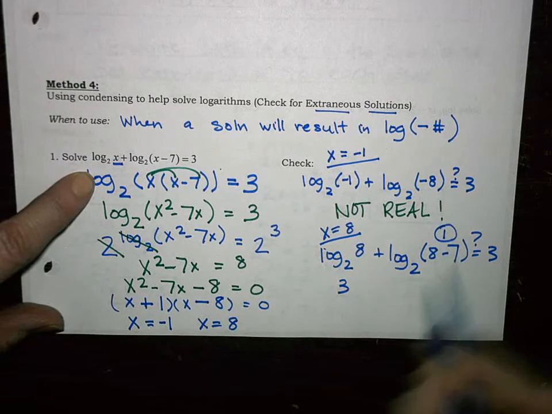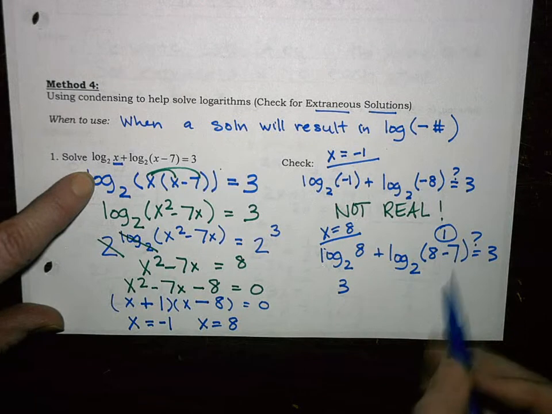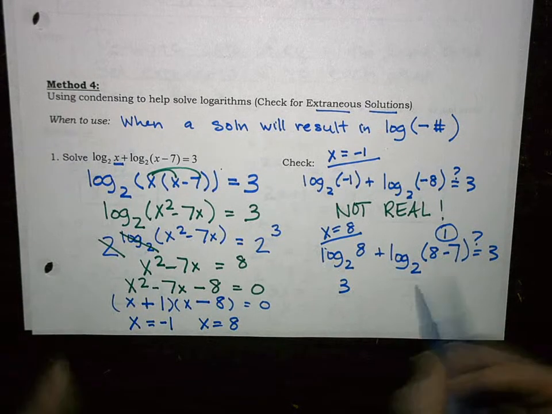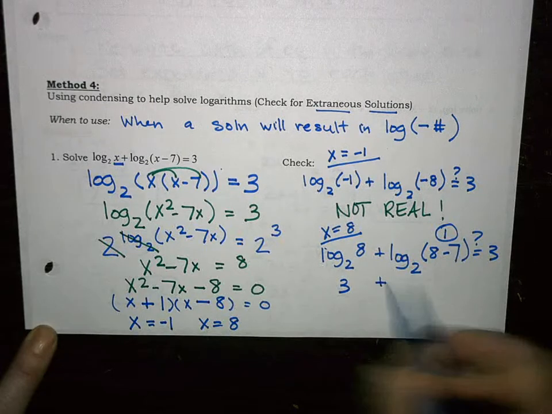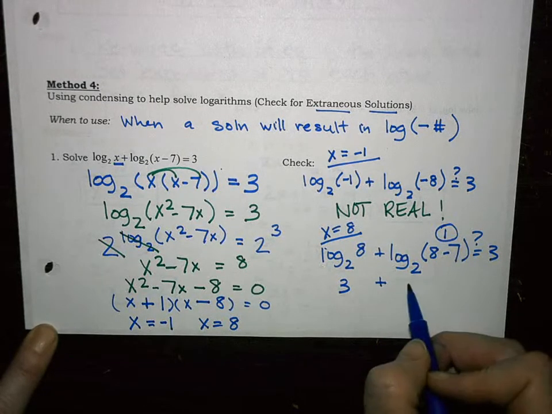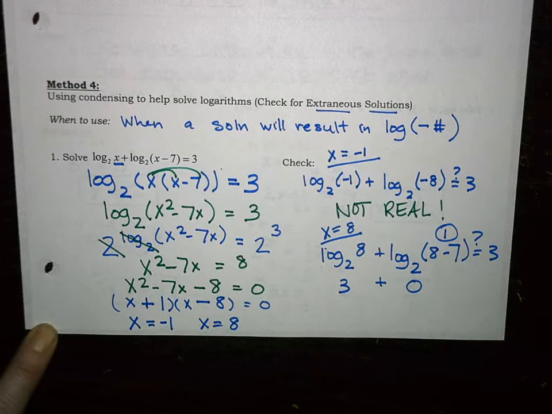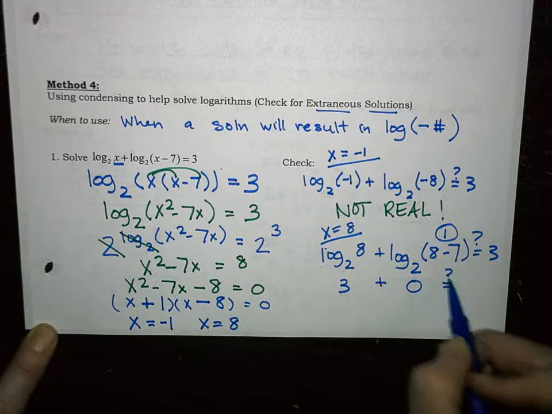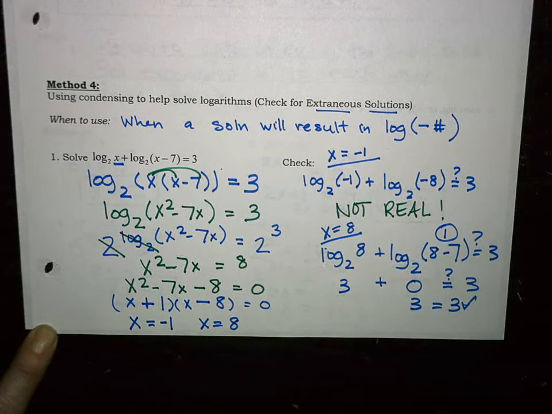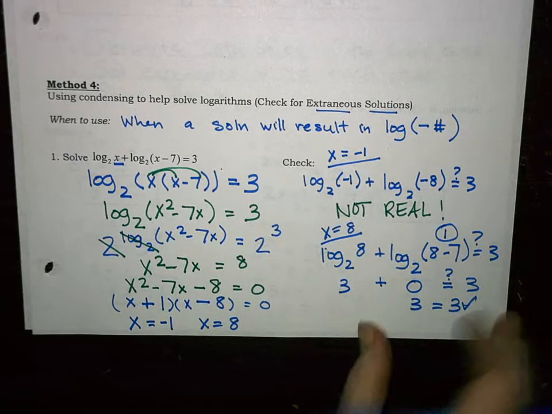Now this 8 minus 7 is 1, right? So 2 to what power is 1? The way you get to 1 is you take any number to the 0 power. So that's going to be 0. Does 3 plus 0 equal 3? Yes, 3 equals 3. And that's a check.